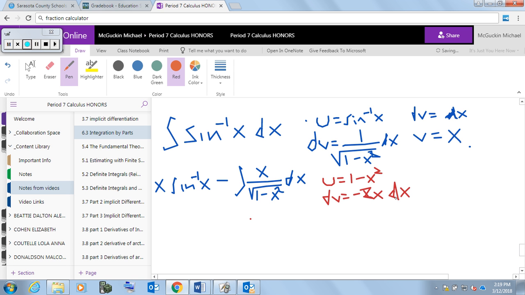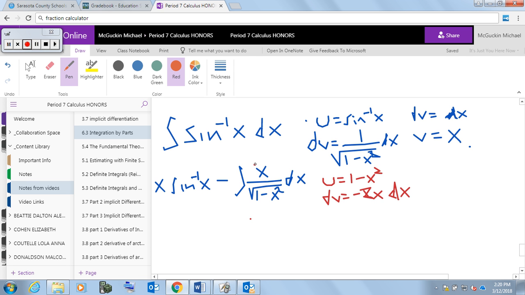Let's continue to look at what we've got going on here. If I have negative 2x in there, and I currently have an x up top, I need to take that into account too.